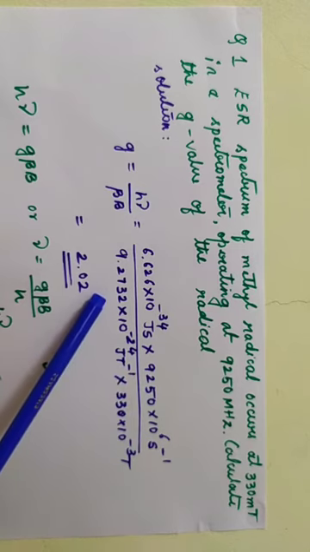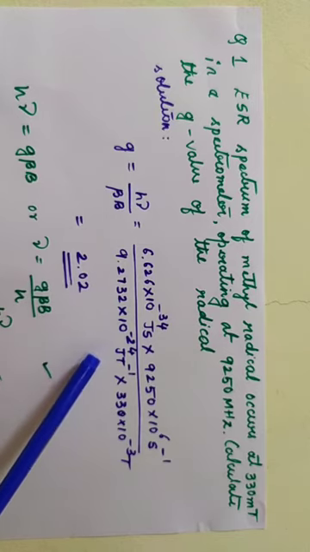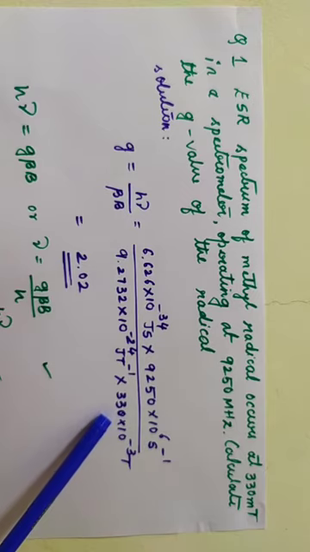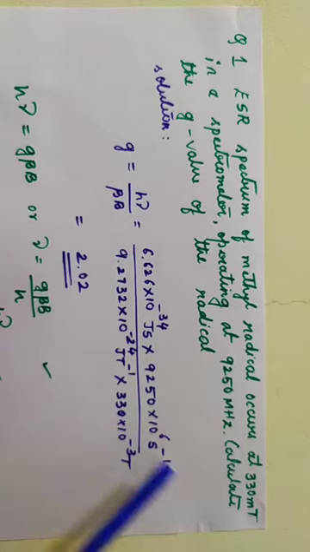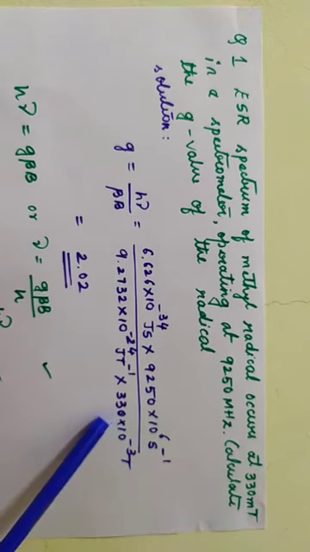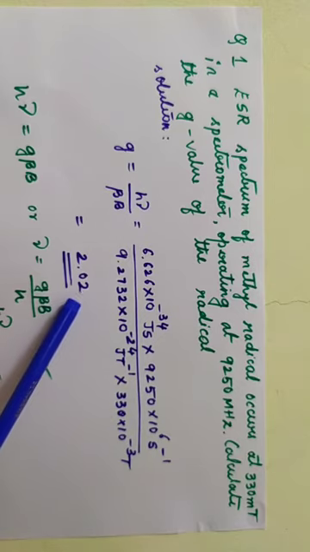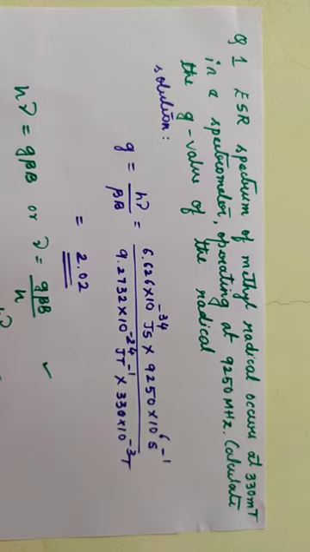And then we have β, that is Bohr's magneton, a constant, 9.2732 × 10^-24 joules per Tesla, and the B, that is the applied magnetic field, is 330 millitesla. It is 10^-3 Tesla. Substitute and you'll get the value, that is 2.02.